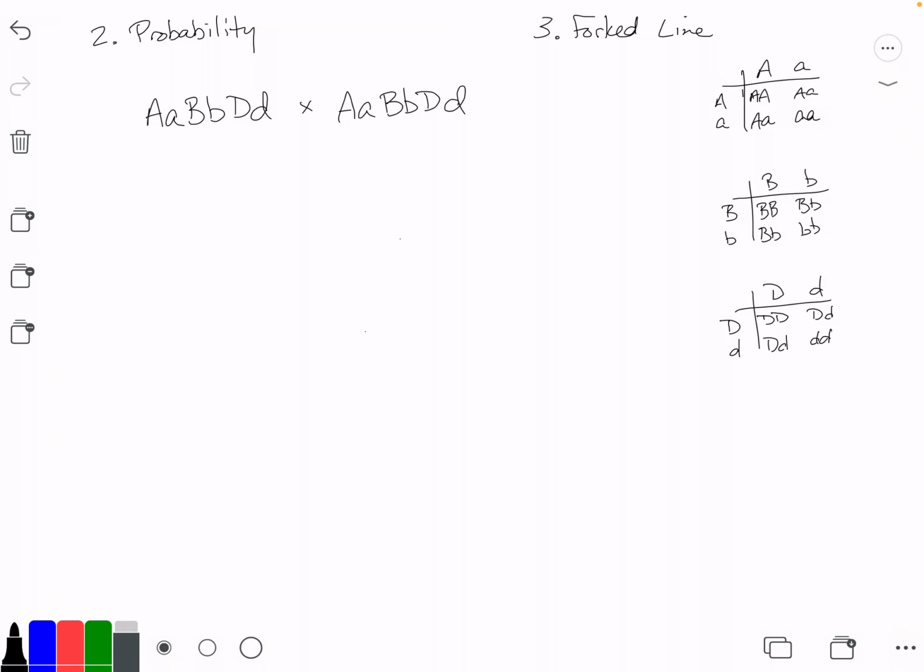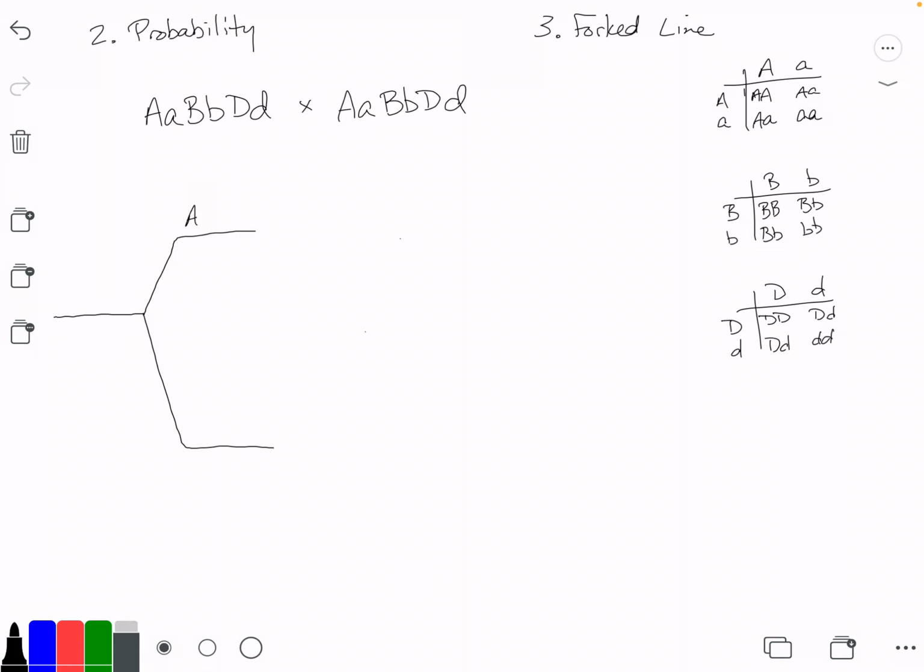So having that off to the side, now I can say, look, forked line says, here's where I'm starting. Now look at gene A. Well, there's 2 possibilities. So we'll fork it here. Either A is going to be a dominant phenotype, or it'll be recessive. Now, if you wanted to be doing genotypic probabilities, you can certainly have 3 forks here.